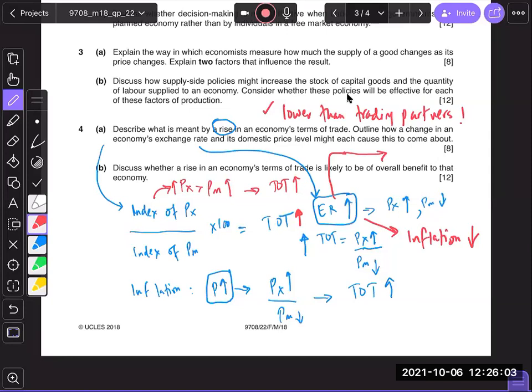How a change in economy's exchange rate and its price level might cause this to come about. You can talk about how it will make it come about and talk about what if something else is happening at the same time that nullifies it, right? So also remember, terms of trade is all about prices. It's not about quantity. So that's why we need to make sure that we do not talk about the quantity part. Okay.